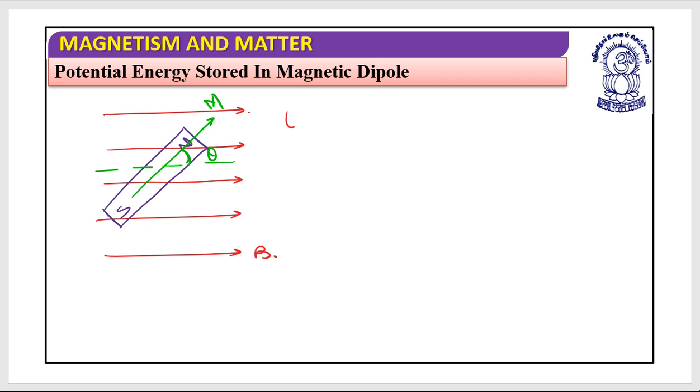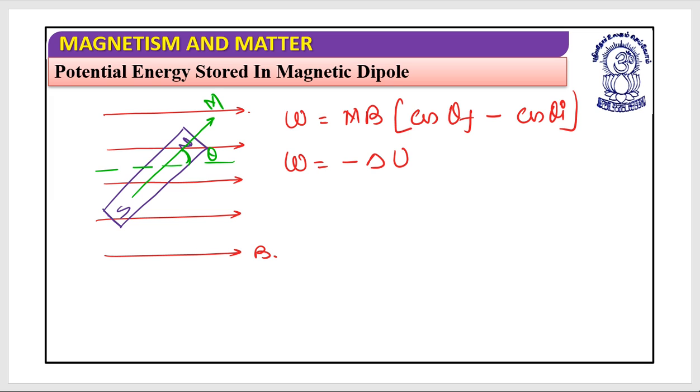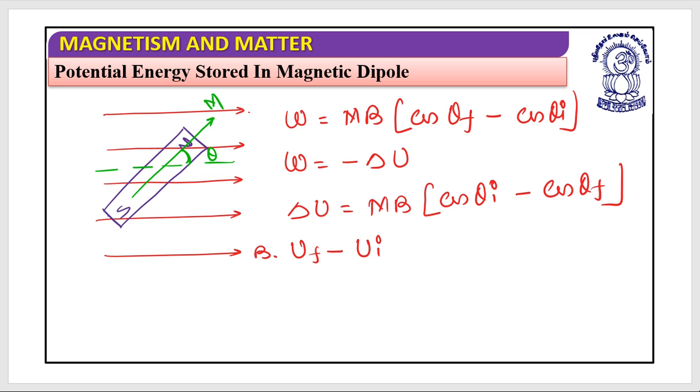Then work done by magnetic field can be calculated as mB into cos theta final minus cos theta initial. We understood that work done is equal to minus of change in potential energy, so delta U could be written as mB into bracket cos theta initial minus cos theta final. So U final minus U initial is equal to mB into bracket cos theta initial minus cos theta final.